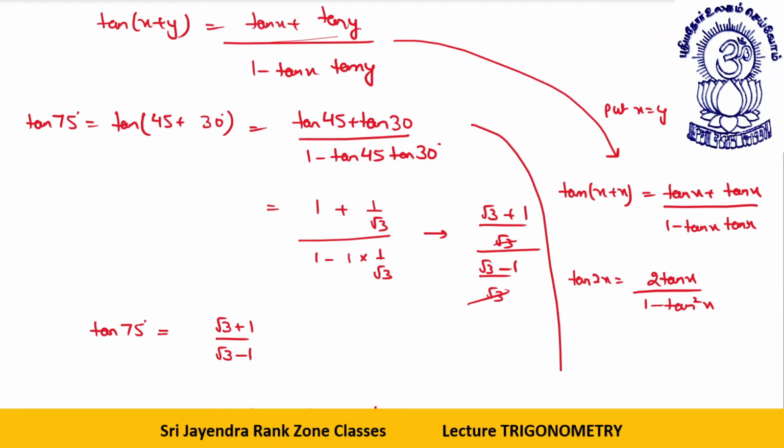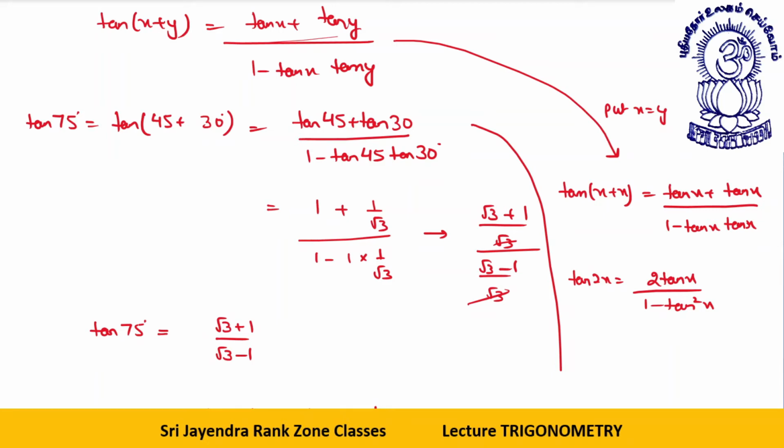So far clear? Then in the denominator, I divide everything like this: sin x cos y by cos x cos y minus cos x sin y by cos x cos y.